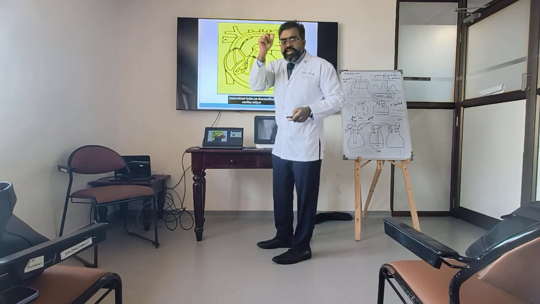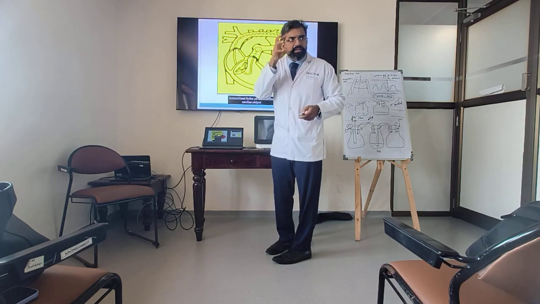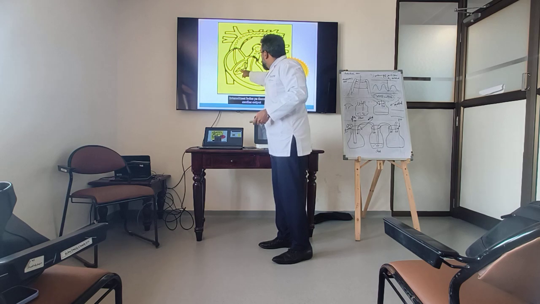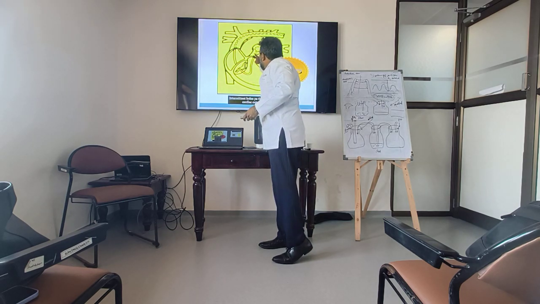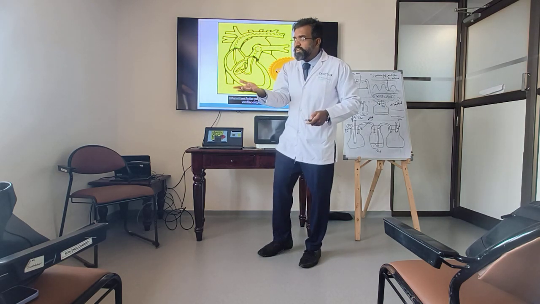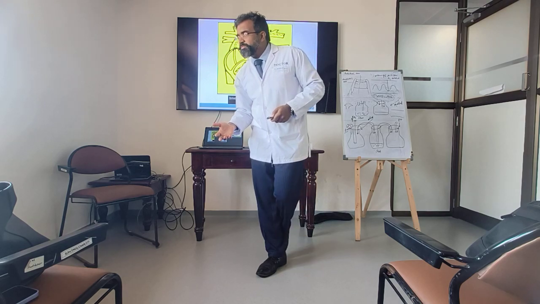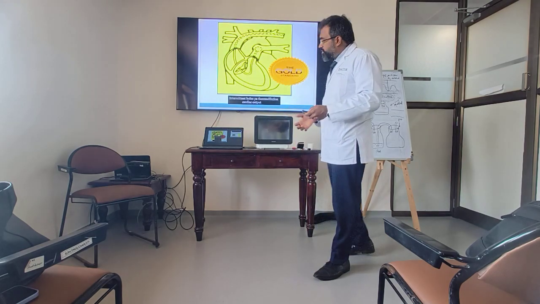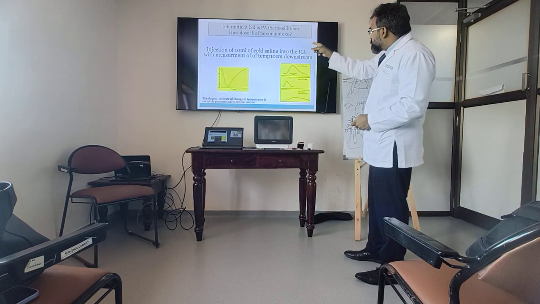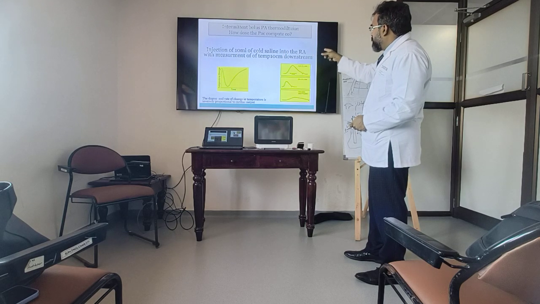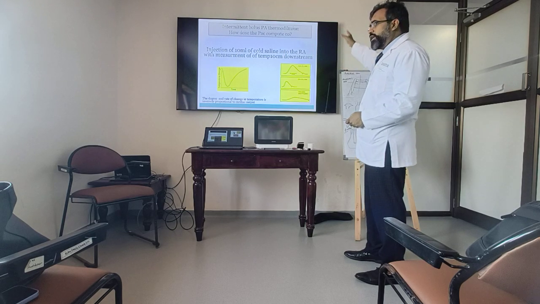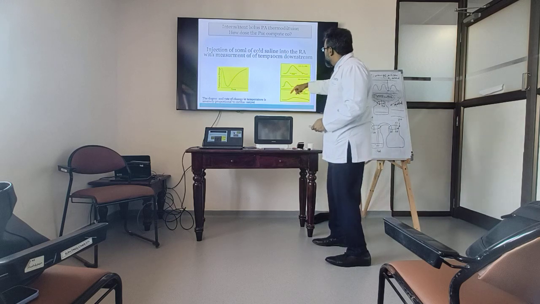It will find the decay in the temperature. We inject it cold, it gets warmer and warmer, and the thermistor here figures out the difference in temperature. So by injecting 10 ml of cold saline in the right atrium and measuring temperature 10 cm downstream, they would now plot a graph.